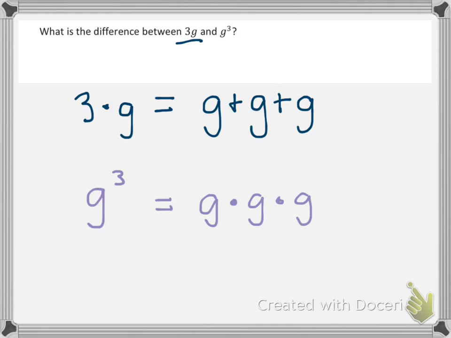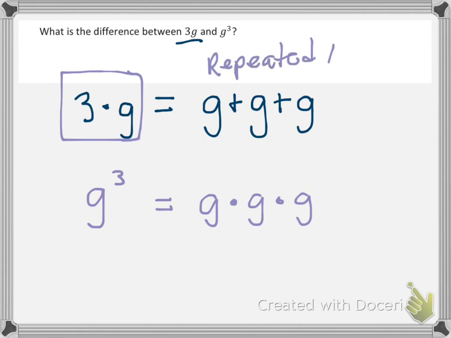So I'm going to ask you this on the test. I'm going to ask you to write 3g as exponential form, as expanded form, and then I'm going to ask you to write g to the third power in expanded form, and you have to understand the difference. Multiplication, like 3 times g, is repeated addition. Remember, we talked about this yesterday. Well, not yesterday because you had a snow day, but on Tuesday.